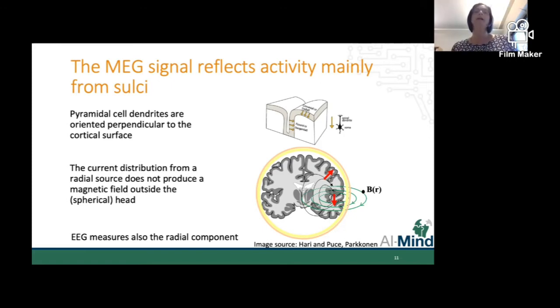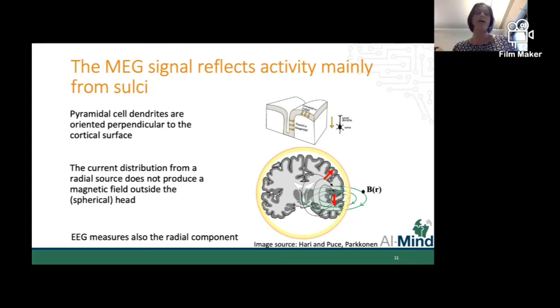But of course, the cortical surface is organized into gyri and sulci, and the cortex in itself can be oriented either tangentially or radially with respect to the surface of the actual head. And this affects especially MEG signals.